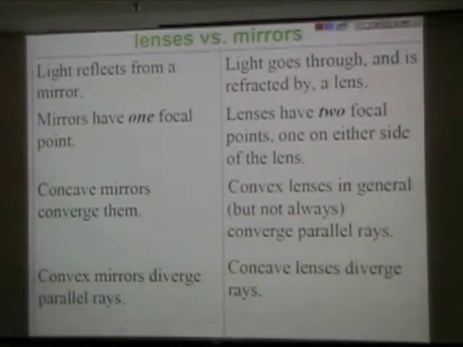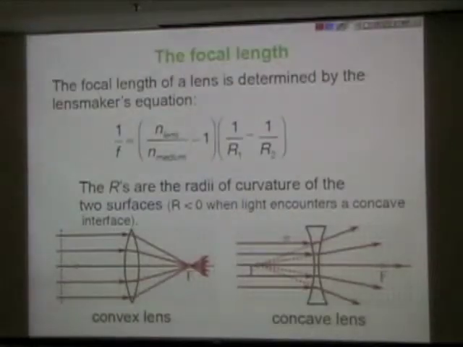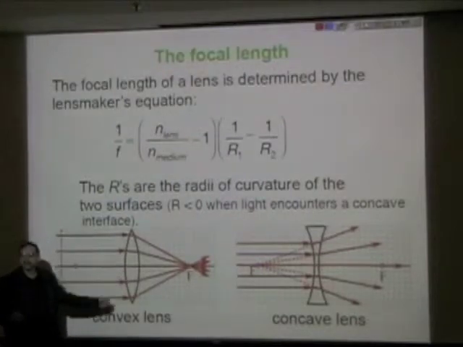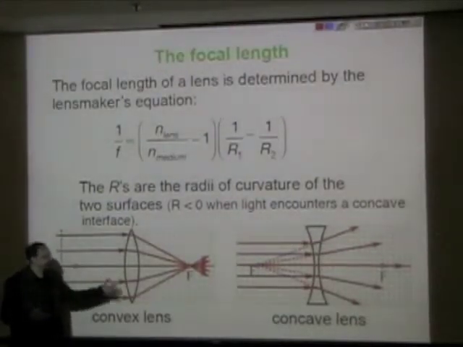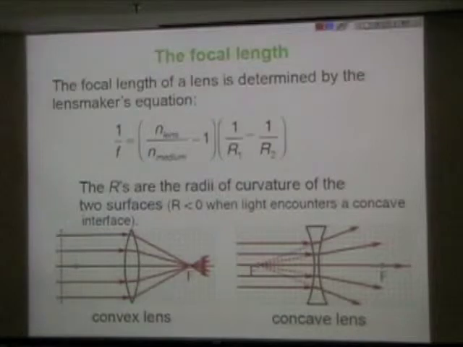And we know that we can calculate the focal distance of any lens if we know the index of refraction of the material the lens is made of and the index of refraction of the material around it.